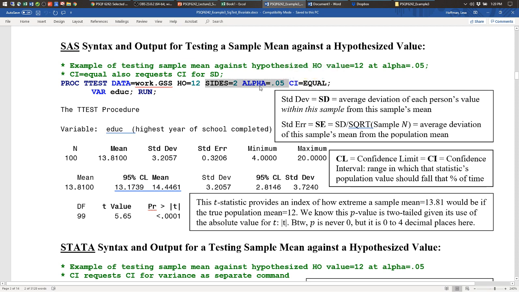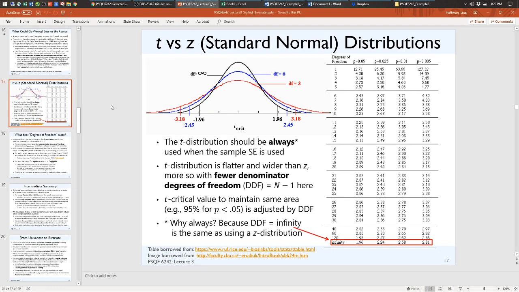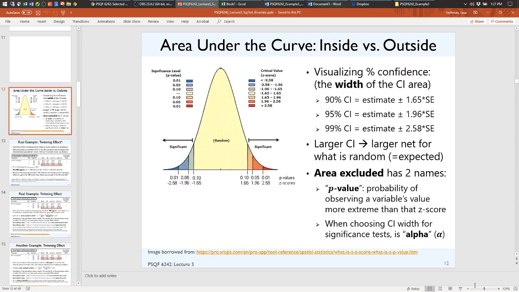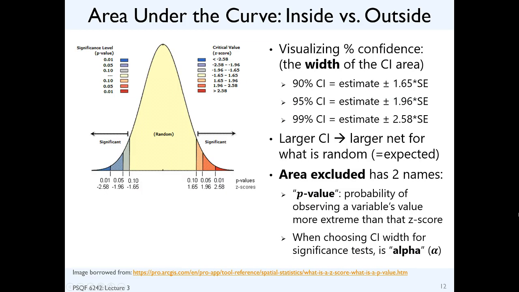Alpha is unconfidence. Do you remember, let me find a picture here. This one, remember this picture? You may not, so I'll show it again. We're trying to quantify how much variation is expected versus aberrant. Expected is like confidence.